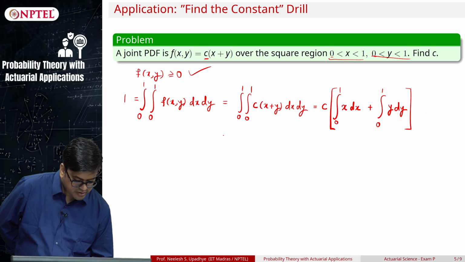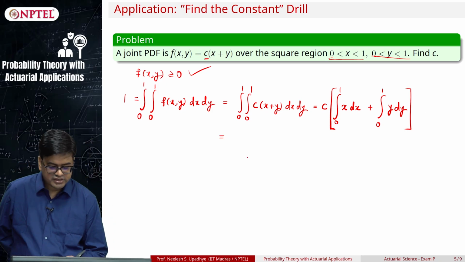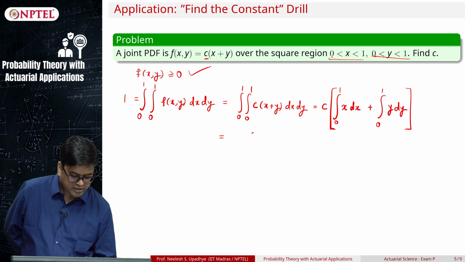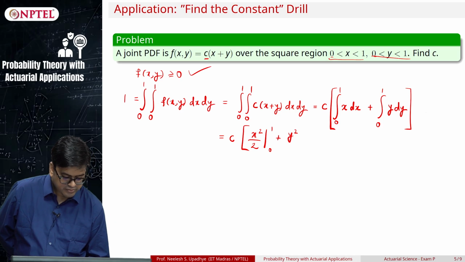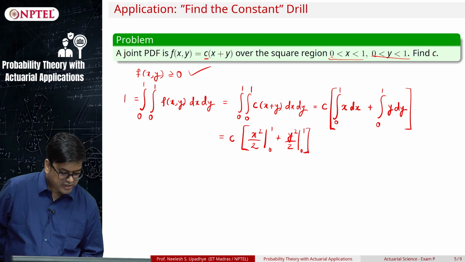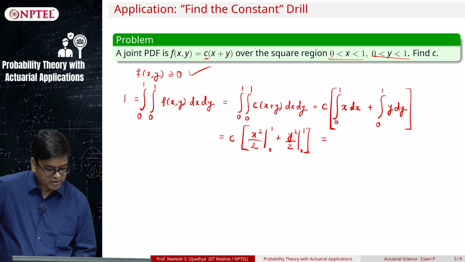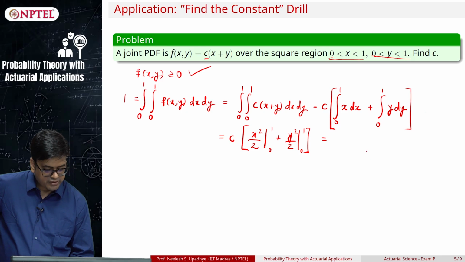Then what I will do is evaluate this. The integral of x dx will be x square by 2, and c is as is, x square by 2 evaluated from 0 to 1 plus y square by 2 evaluated from 0 to 1. When I do this evaluation, 1 by 2 will come.